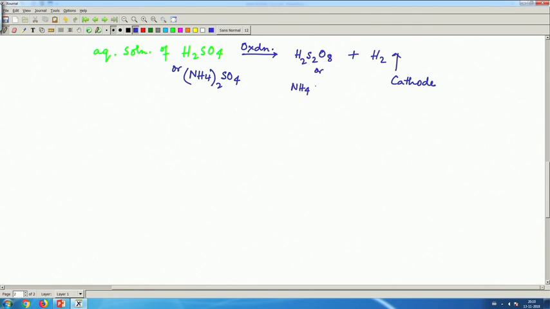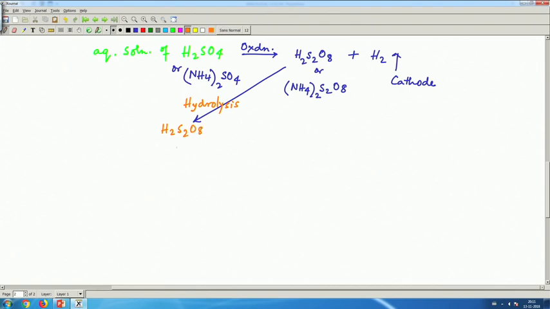Or if we have the ammonium salt, we get ammonium perdisulfate, ammonium S2O8. If we then go for hydrolysis of this, it will give you the corresponding H2S2O8.